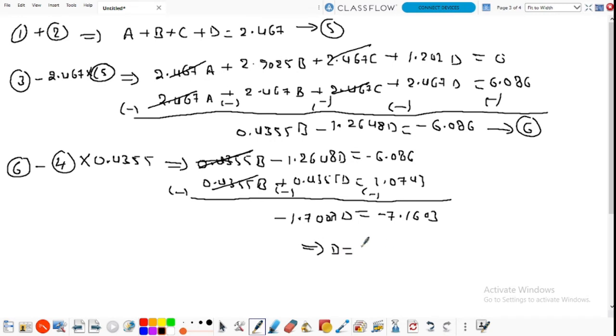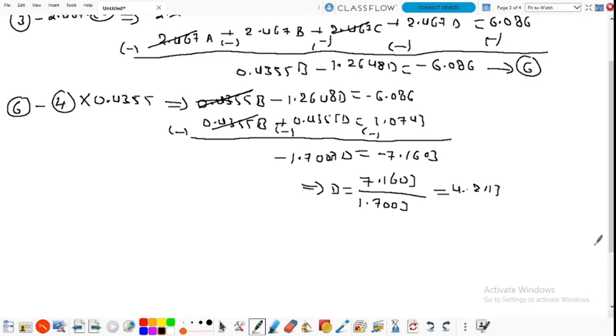Therefore, d is equal to 7.1603 divided by 1.7003, since the negative sign on both sides is cancelled, which is equal to 4.2113. So that is the d value. Substitute this d value into equation number 4.